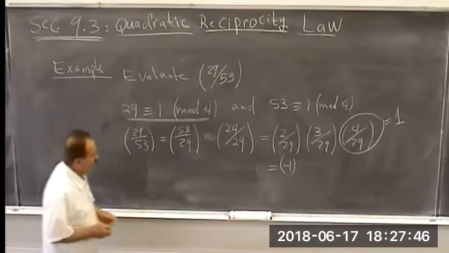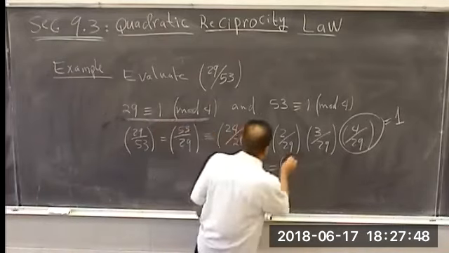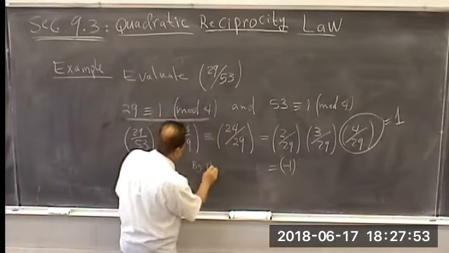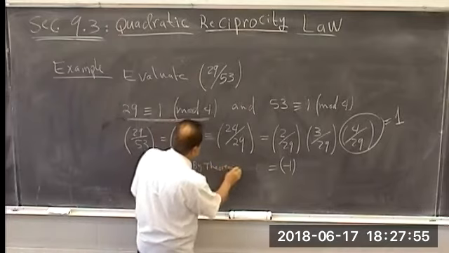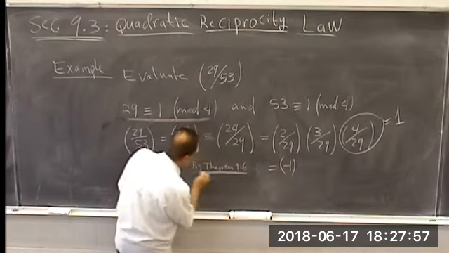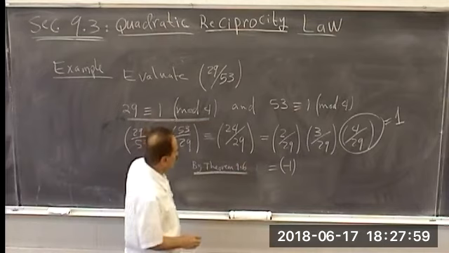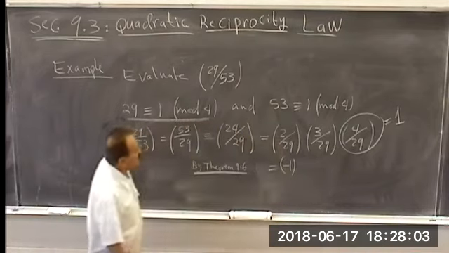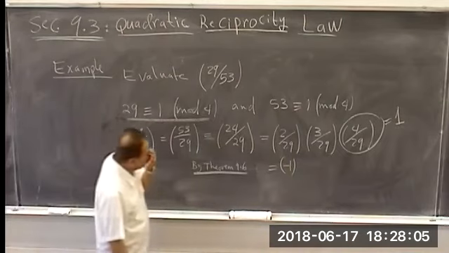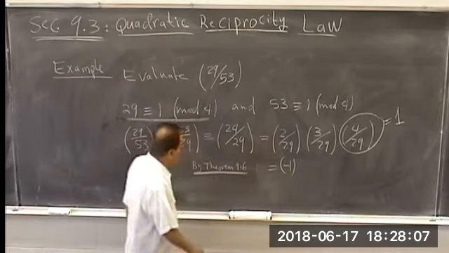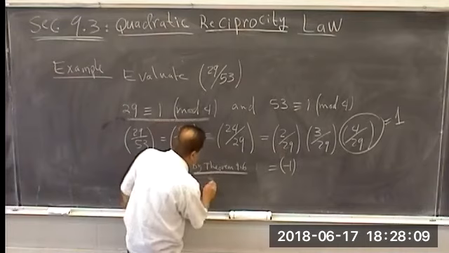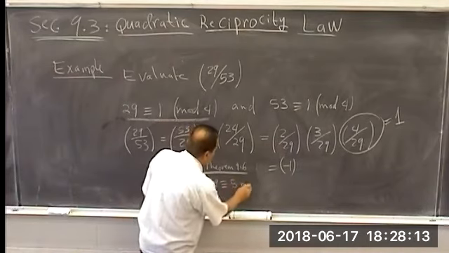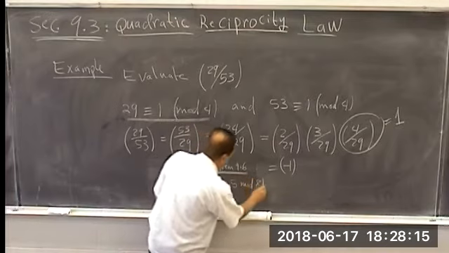All right. So in here we're going to be using theorem 9.6. It gives us how to find the quadratic residue of 2 mod a prime. 29, as you know, is congruent to 5 mod 8.